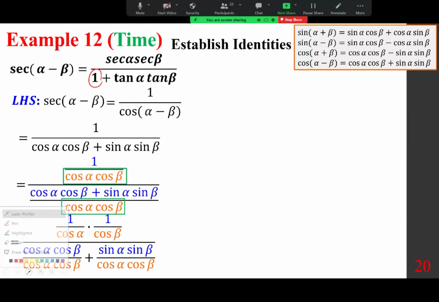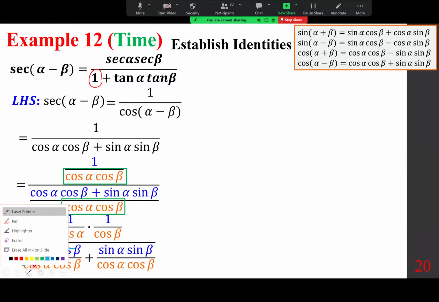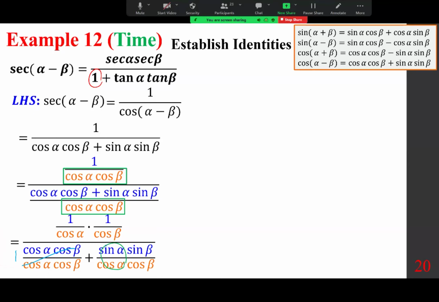These two are identical. You really don't have to do anything. This is 1. Sine alpha over cosine alpha, tan alpha. Sine beta over cosine beta, tan beta. So we just proved it.